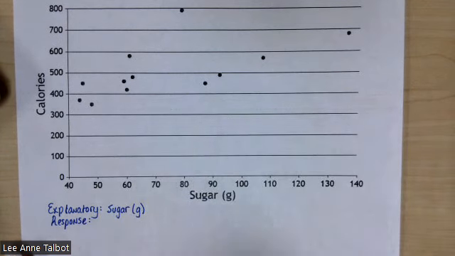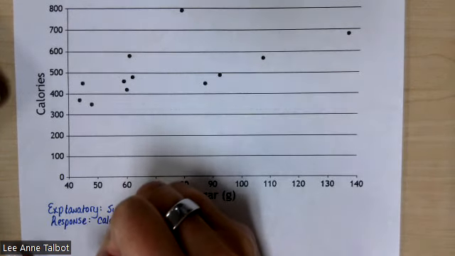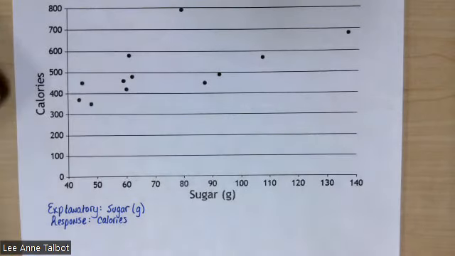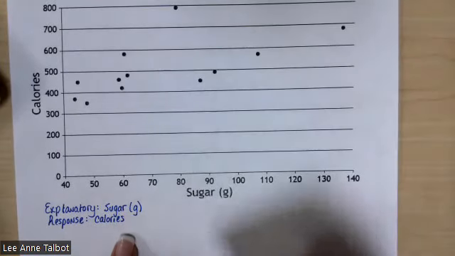What is the response? Calories. Okay, now it's more than that. It's more than just being an x. Doesn't the amount of sugar determine how many calories something has? Just because they're graphed on here doesn't mean that explanatory and response are clear. It is on this one though.